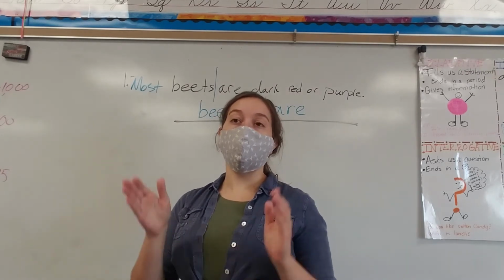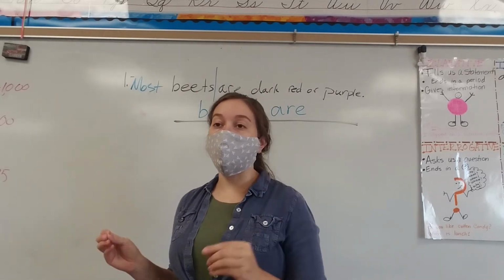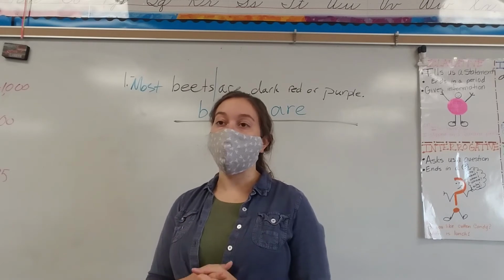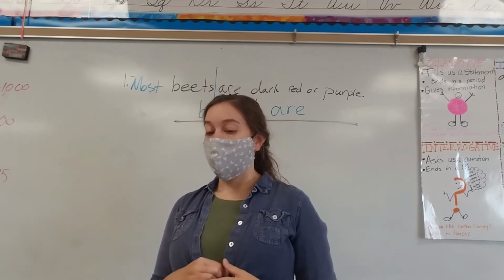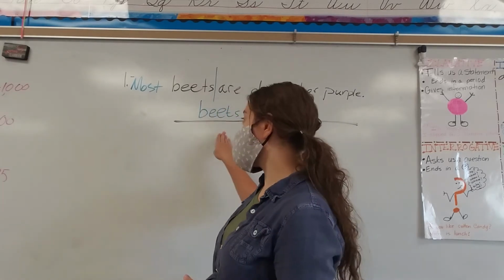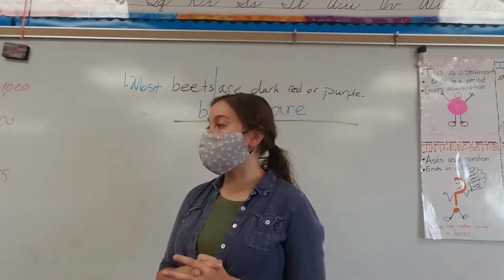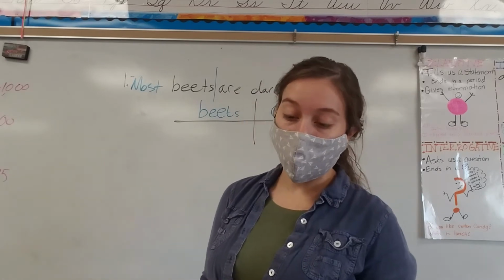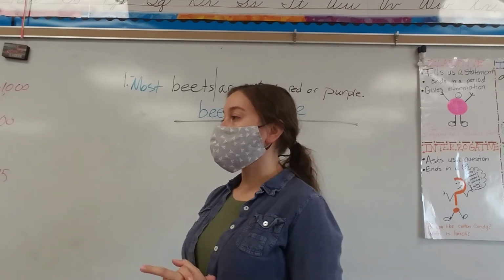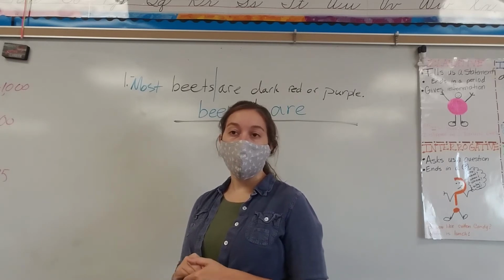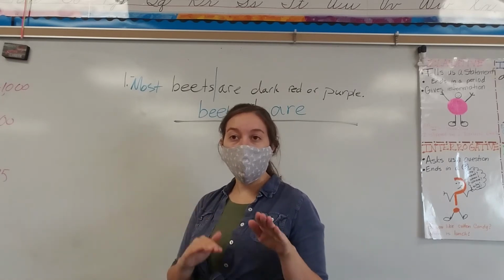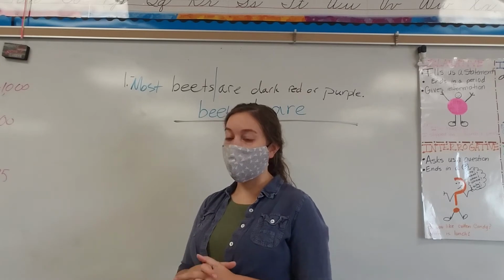Our sentence is about these plants. So what is my simple subject, Keegan? Plants. Good. Plants is what needs to go here. Joseph, what is my simple predicate? Like. Good. Everyone seeing the pattern here? Good.